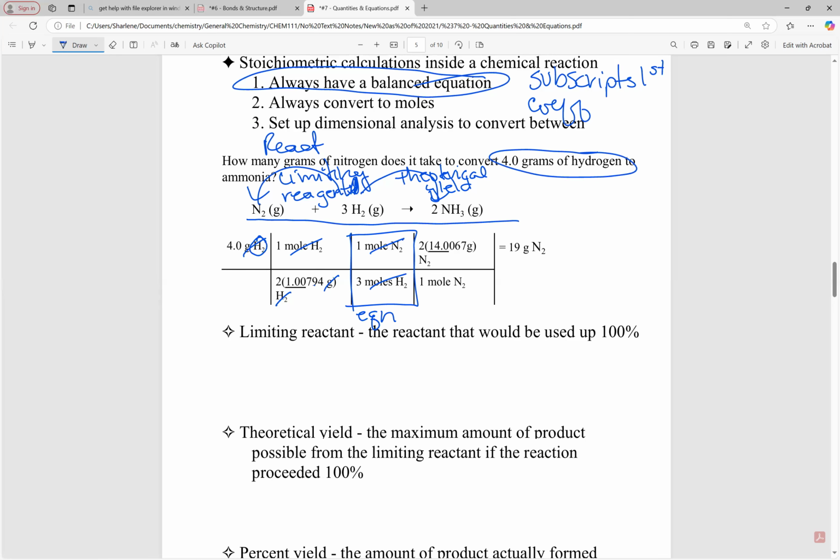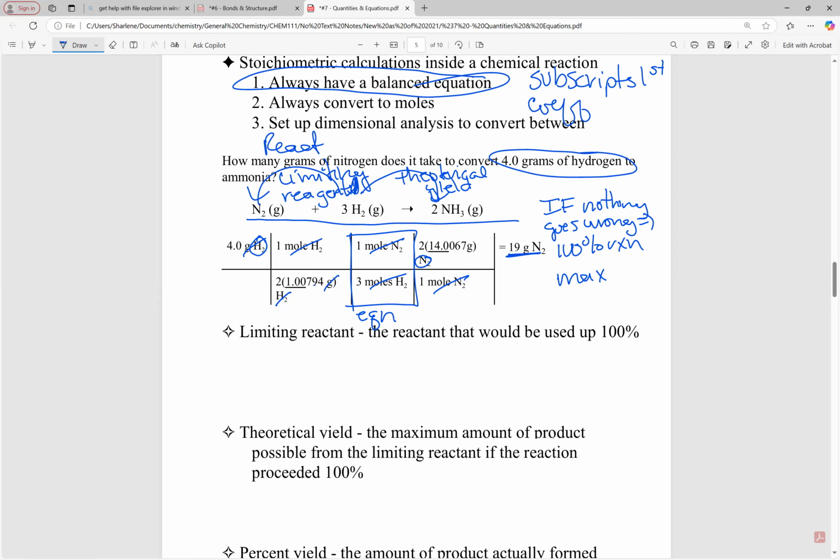All right, get rid of my moles of nitrogen and 2 times 14, because again, it is diatomic nitrogen. And it's telling me if nothing goes wrong, and I have 100% reaction, then the maximum I can make is 19 grams of nitrogen.